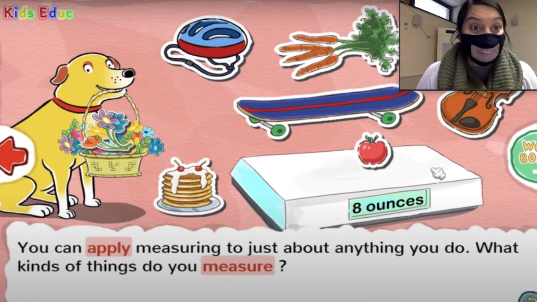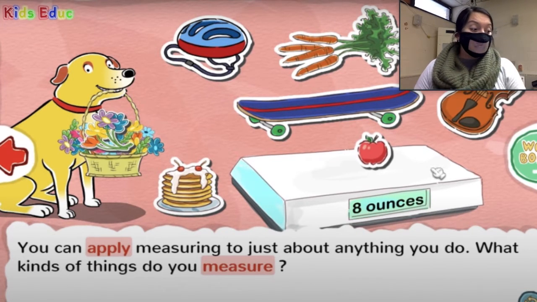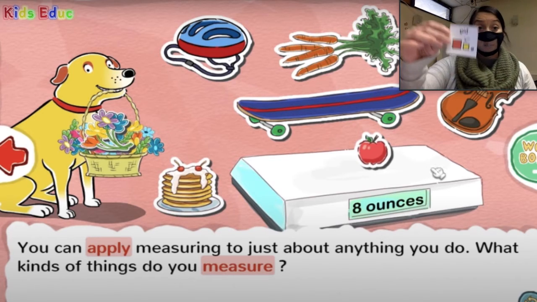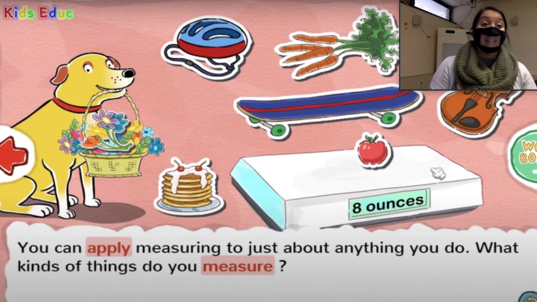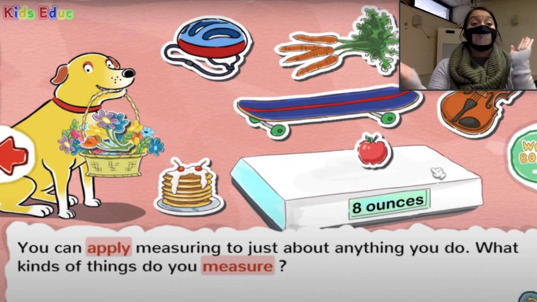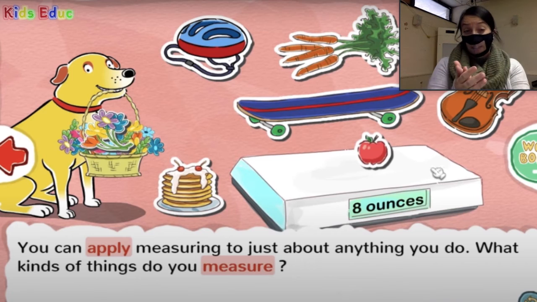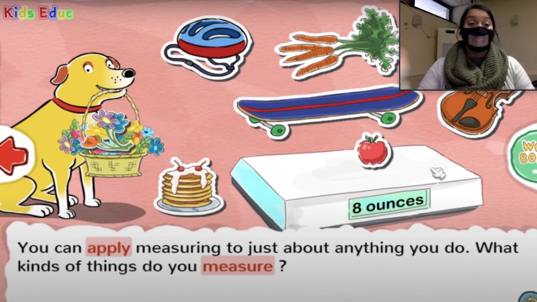And apples, 8 ounces, right? So that's bigger. That was bigger than the flowers. Let's count to 8. 1, 2, 3, 4, 5, 6, 7, 8.